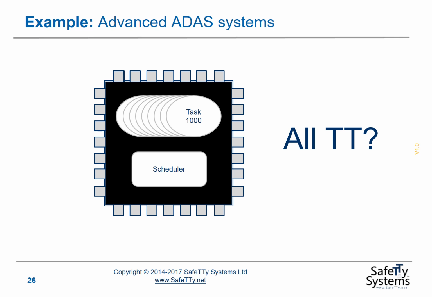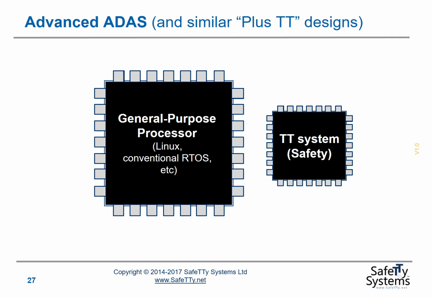At least in the first instance, it probably won't be possible or practical or cost effective to convert this whole system to a TT design. Instead, we will probably have, say, a general purpose processor, perhaps running Linux or a conventional RTOS, or just a bare metal event-triggered design, and we would use a TT system to provide increased safety of this system.